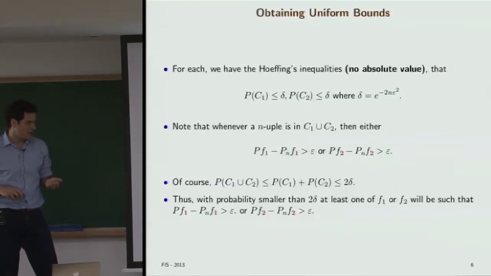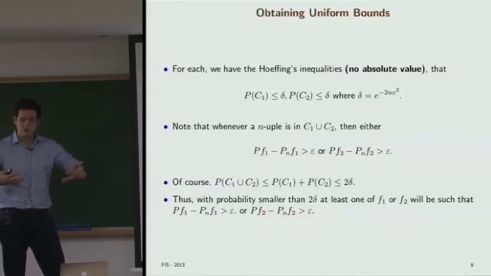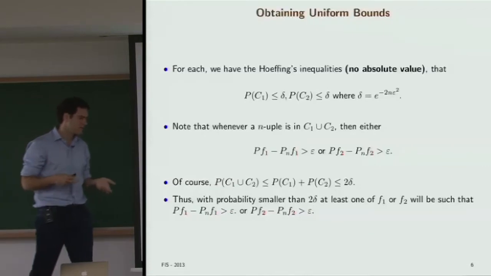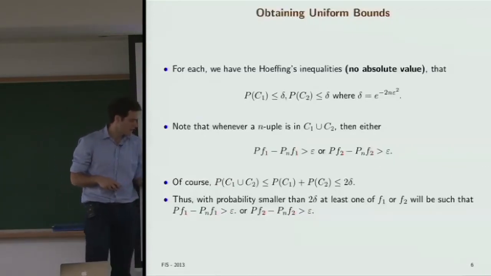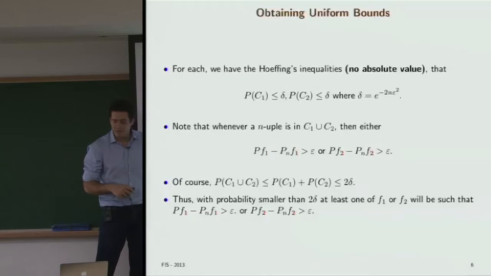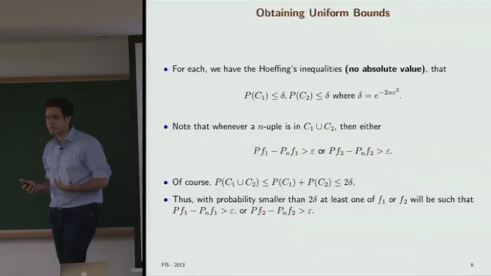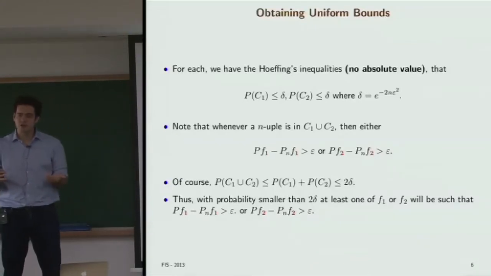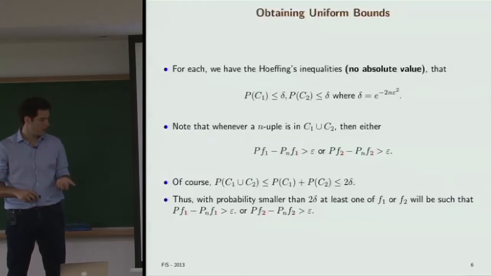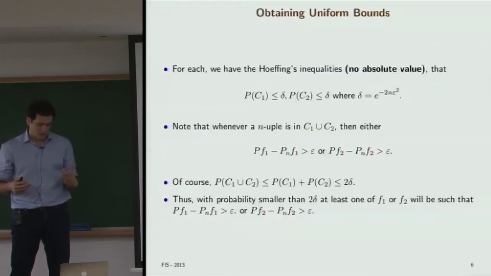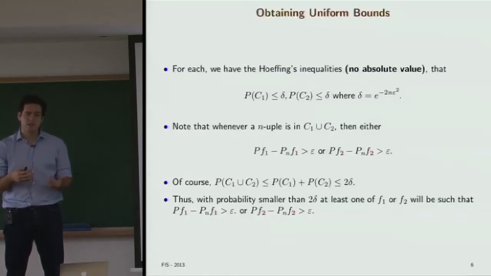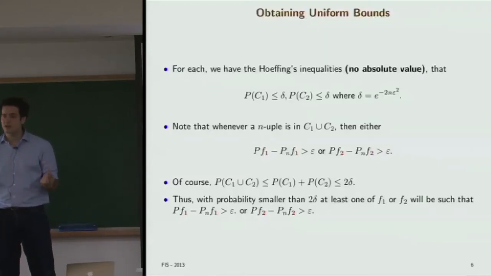So if I now compute the probability of this union of two sets, if I upper bound it very simply using something called the union bound, the probability of C1 union C2 is smaller than the probability of C1 plus the probability of C2, then I just get this bound here. So the probability of all samples such that either one or the other deviates by more than epsilon is smaller than 2 delta. So this is Hoeffding's bound for two functions.